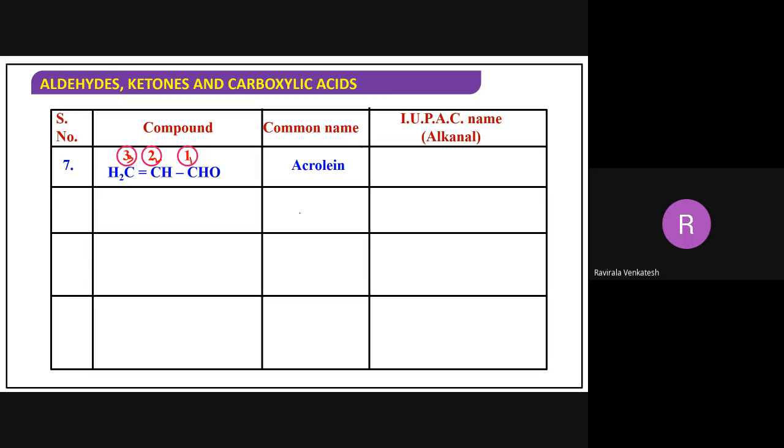And the IUPAC name is called propenal. Numbering no need to give; if you give, no problem; if you don't give, also no problem, because the double bond is always on the second carbon. You can't place the double bond on the third carbon or on the first carbon. So you can write propenal or prop-2-enal. Both are the same only.